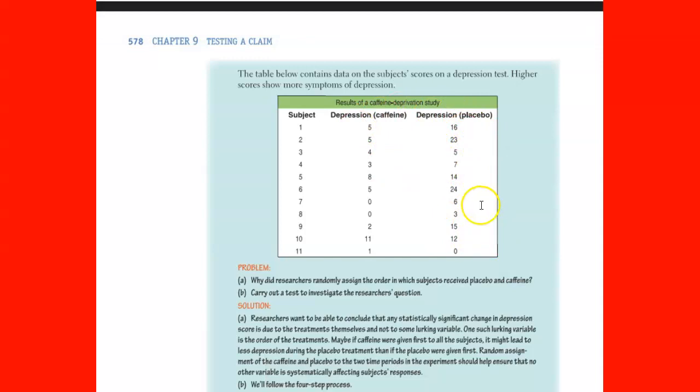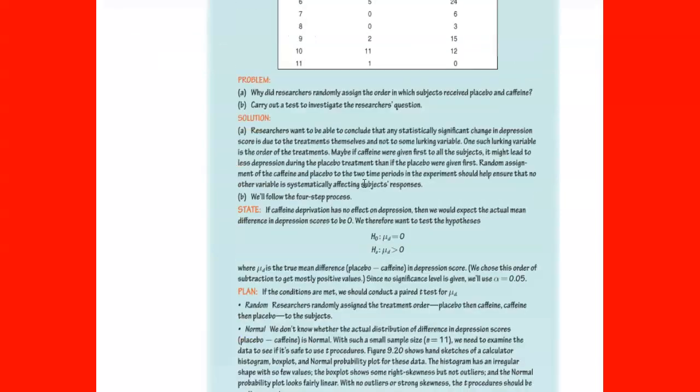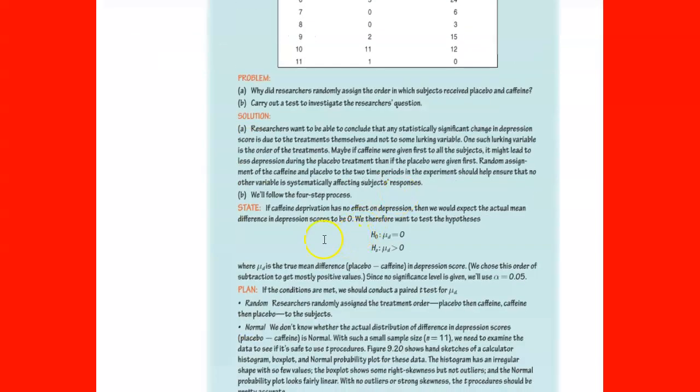Sometimes the placebo group is higher, sometimes the caffeine group is higher. And if there was no difference in caffeine versus the placebo in terms of depression, we would anticipate that difference would be 0. That's what this null hypothesis is saying. Sometimes the null hypothesis is called the hypothesis of no difference. In other words, our hypothesis is that the mean difference between these two lists will be 0.